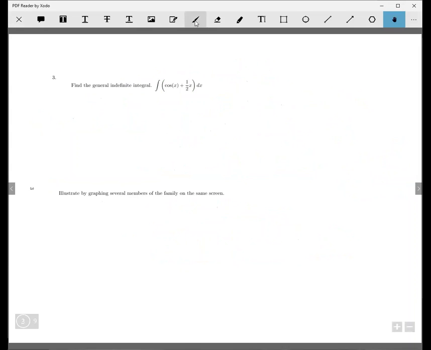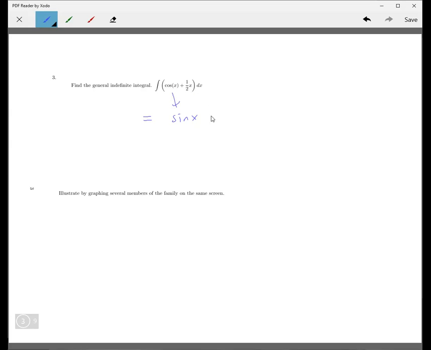Okay, let's move on to number 3. Find the general indefinite integral. Okay, so you look at cosine x, and you know that when you take the derivative of sine x, you get cosine, right? So that should work okay.